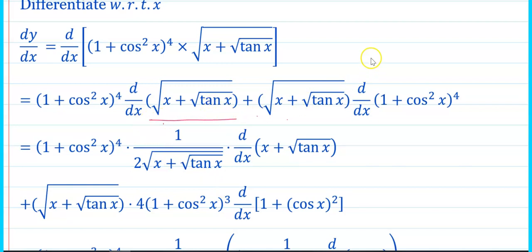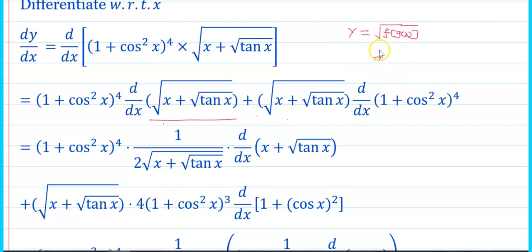Root form. What is that? y is equal to, I will write here, root of f of g of x. Okay. Yeah, root form. y is equal to root of f of g of x.